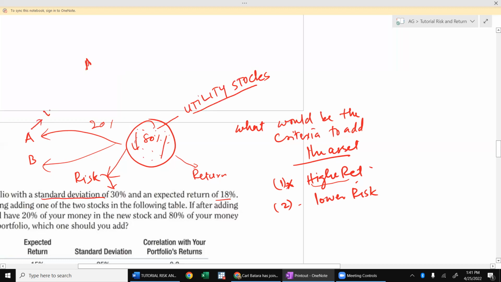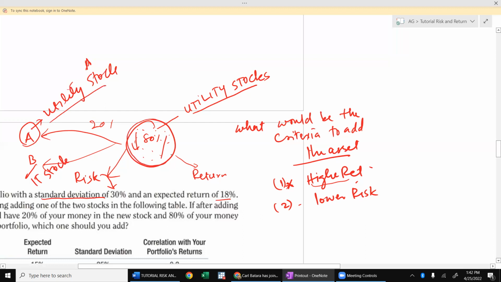A is a utility stock, B is an IT stock. Now which one would you think has more similarity with the existing portfolio? A, because A is a utility stock.